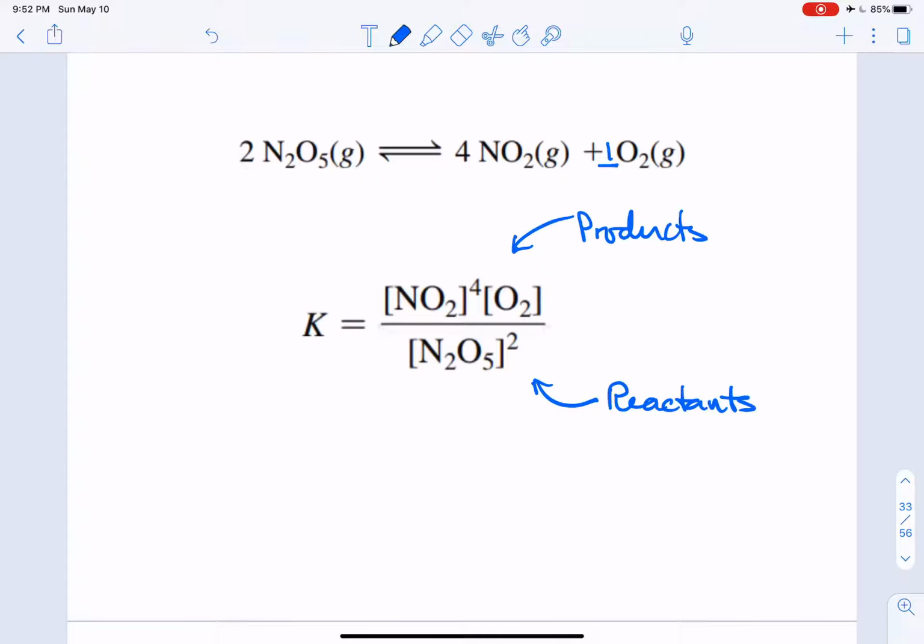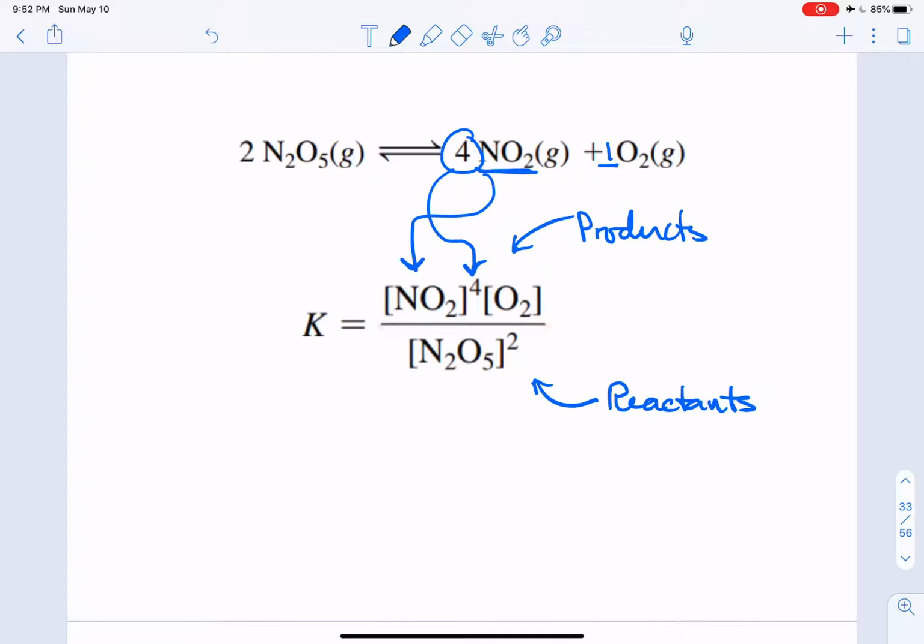Okay, so products first. What we have here is we have NO2 and we put concentration of NO2. And remember, brackets mean concentration. So if we slap the brackets around NO2, what we say is concentration of NO2, and then the coefficient is 4. So the concentration of NO2 gets raised to the 4th power.